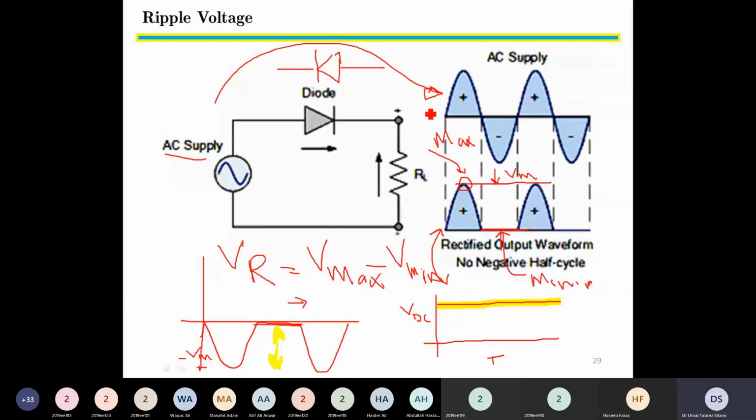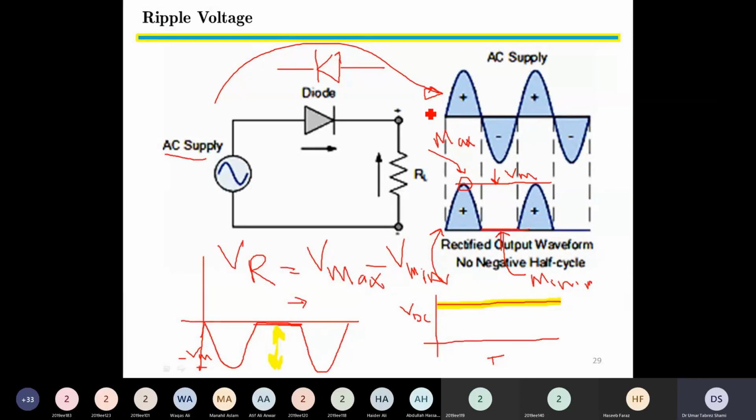Since all the values are positive and not negative, it looks like a half sine, but it is DC in nature.